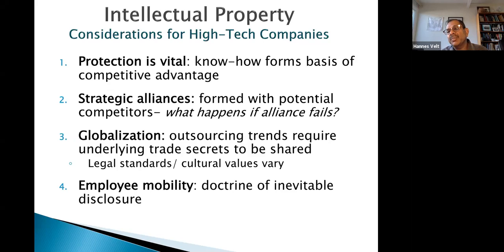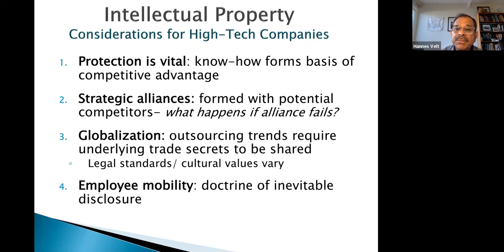So the final topic is one which I'm sure everybody is very interested in. It's intellectual property protection. If you look at the most valuable companies today, they are all tech companies. And I believe the reason is that they have the intellectual smarts to keep innovating and doing things that are interesting, that excite people.